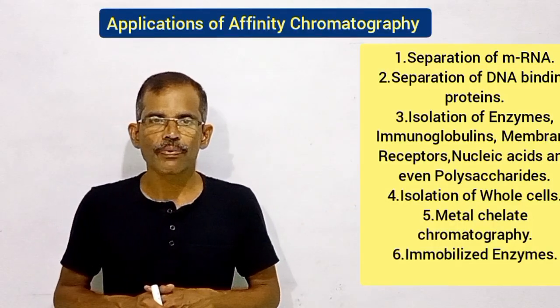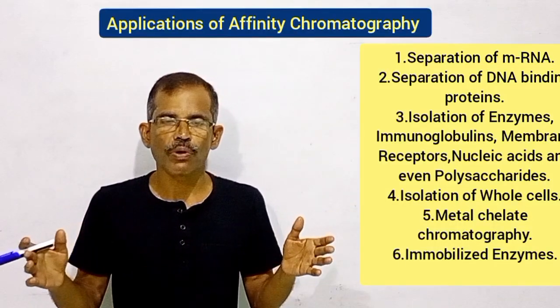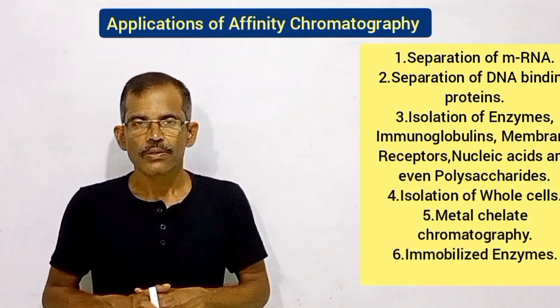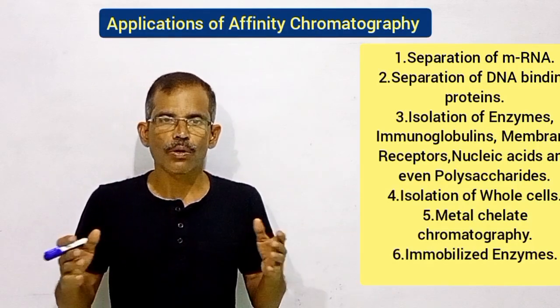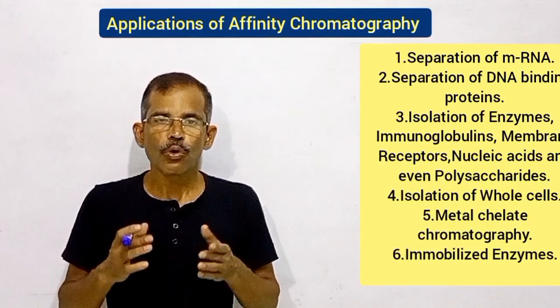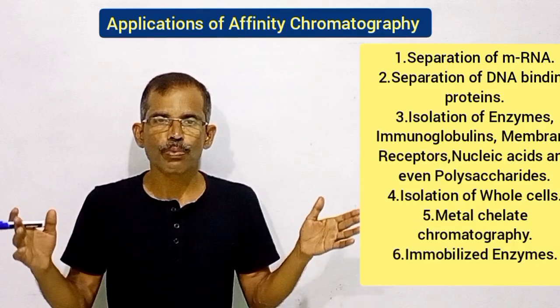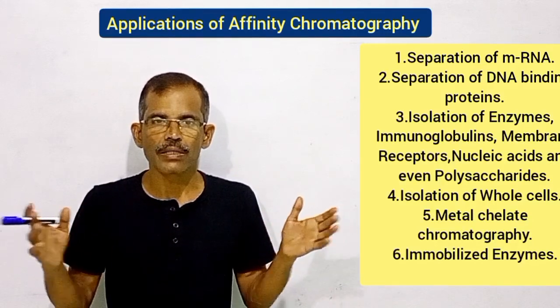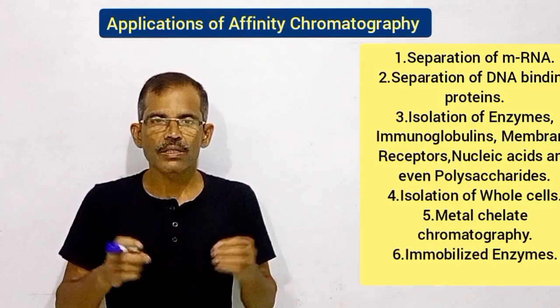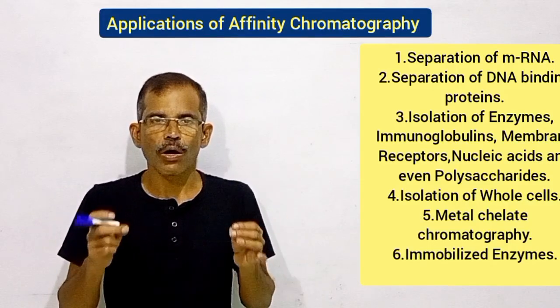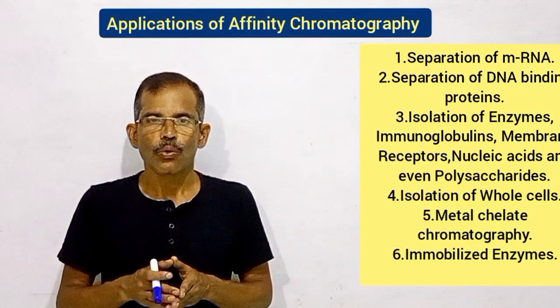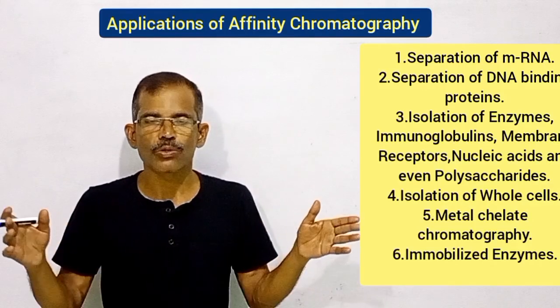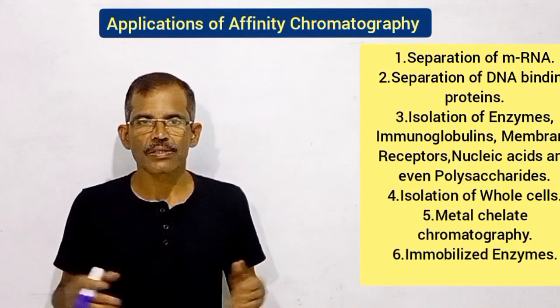Affinity chromatography is routinely used for this purpose. This technique is based on the fact that only mRNA molecules possess a poly-A tail at their 3' end. These poly-A tails bind to the oligo-dT ligands which are immobilized on a suitable supporting matrix.